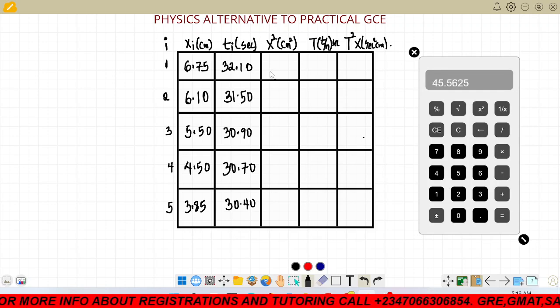Remember, I'm using two decimal places, so I have to be careful with my estimation. So right here, I have 45.56. I can just write 45.56, which I believe you should be able to understand. Fine. I'm going to be doing this once, I don't want to waste time. So T is this T divided by oscillation.